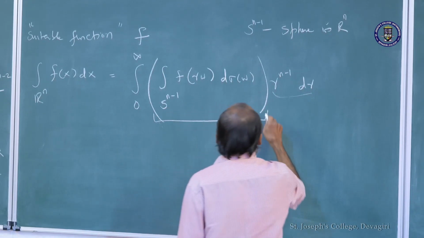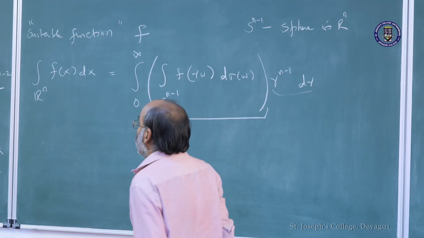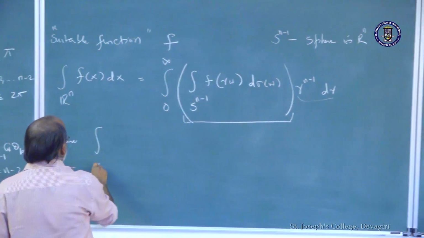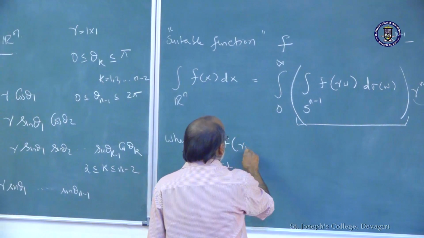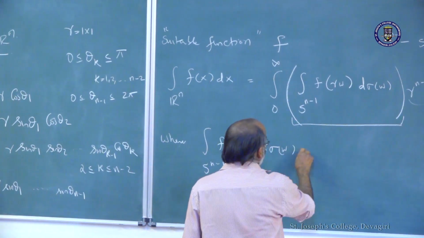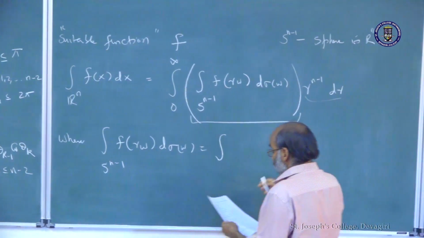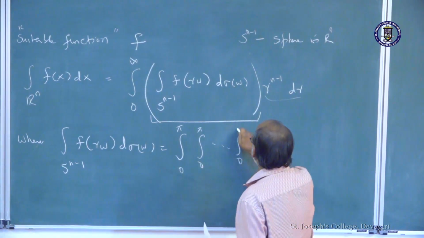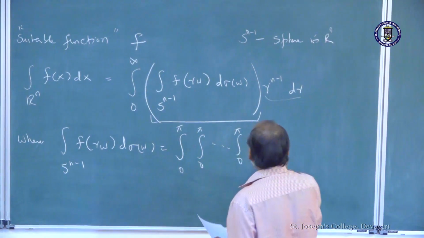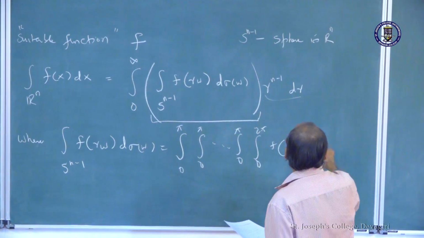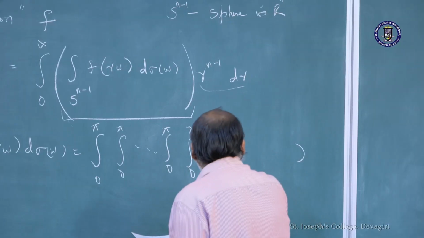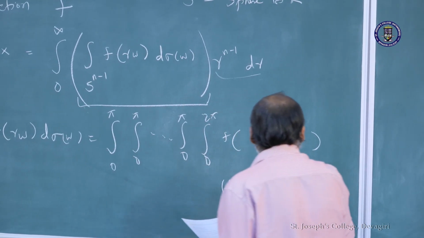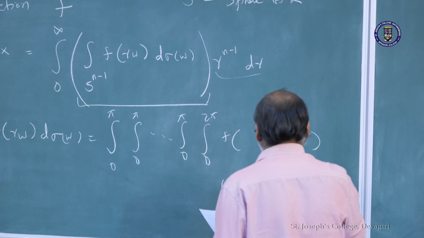So let me write down separately the integral over Sn minus 1 of f of r omega d sigma omega. It is the integral over theta 1 through theta n minus 2 from 0 to pi, and theta n minus 1 from 0 to 2 pi, of f, and I won't write the whole thing. You have sine theta 1 to the n minus 2, sine theta 2 to the n minus 3, etc., sine theta n minus 2.